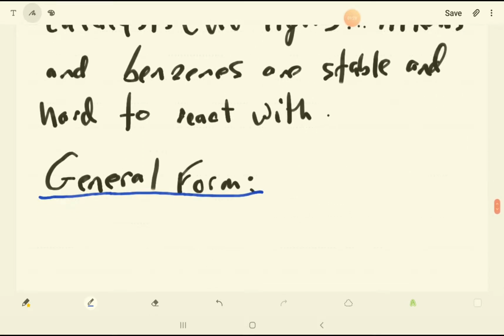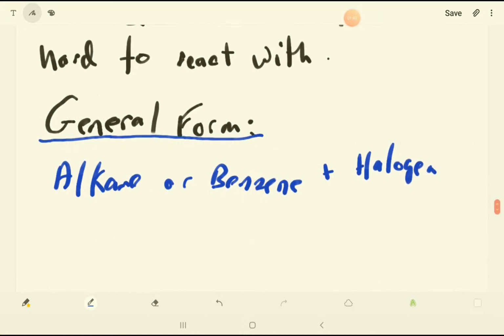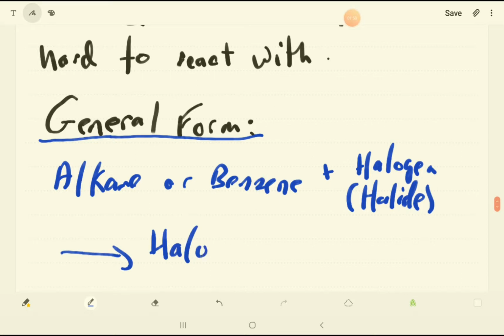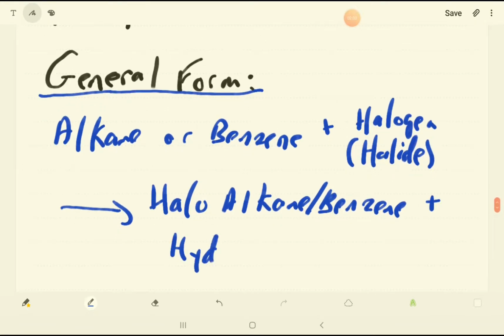The general form is an alkane or a benzene, plus a halogen, and sometimes in the textbook they call these halides, gives you a haloalkane, so an alkane with a halogen on it, or benzene, plus a hydrogen halide.